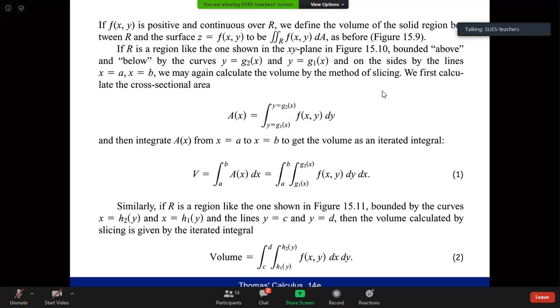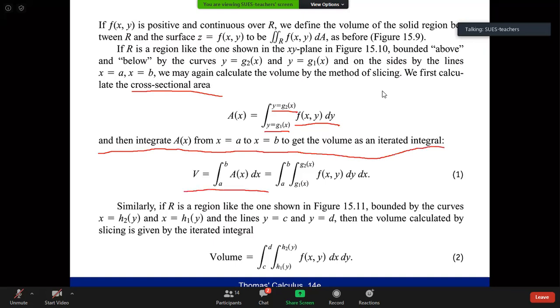So we may again calculate the volume by the method of slicing. First we calculate the cross-sectional area A(x), by integrating f(x,y) from y equals g1(x) to g2(x), and then integrate x from a to b to get the volume as an iterated integral.